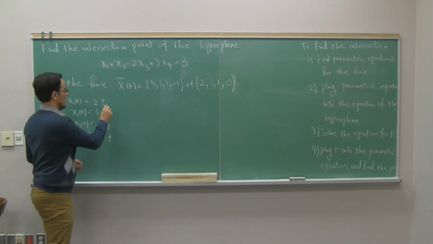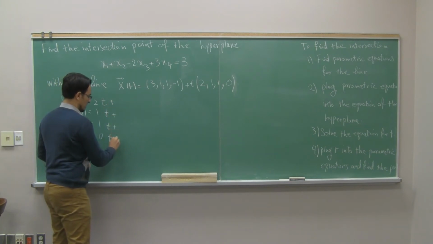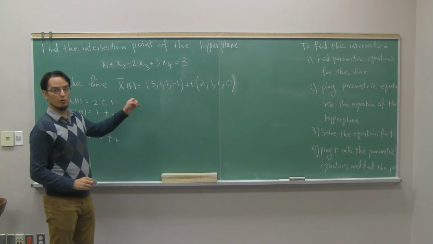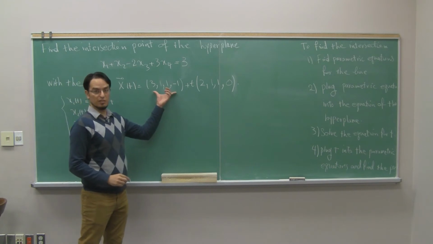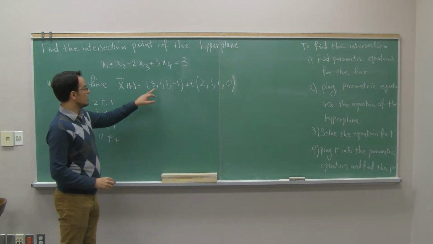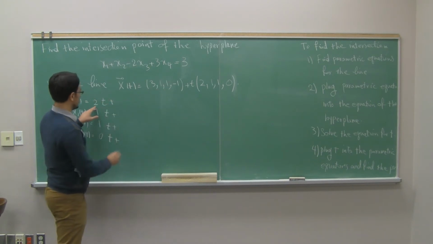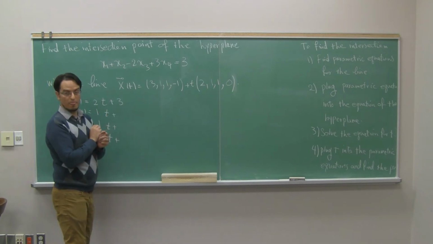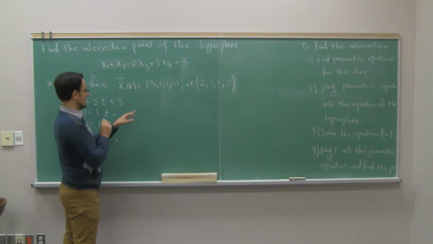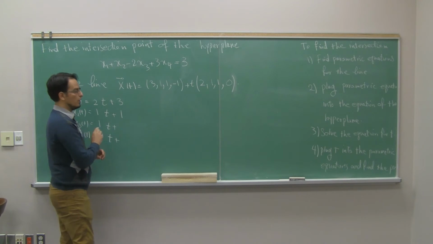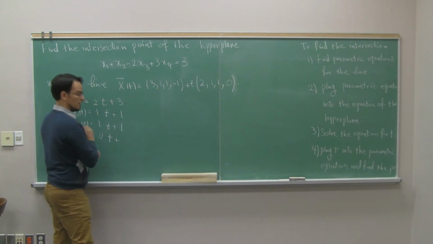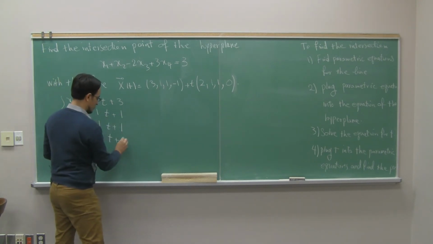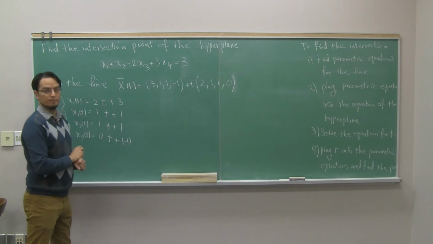I'm not done. I have to add the corresponding components of the point to each equation. So the first equation will be 2t plus 3. The second equation will be t plus 1. The third equation, t plus 1. And the last one, negative 1.